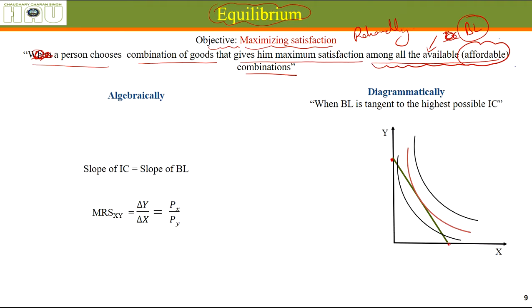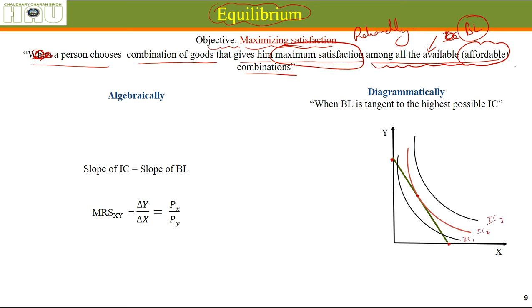The green one is going to show the combinations which he can buy with the money he has. So which combination should he buy? He should buy the combination which gives him maximum satisfaction, and the satisfaction level of different combinations is given by indifference curves. So we are going to draw an indifference map here, IC1, IC2 and IC3.